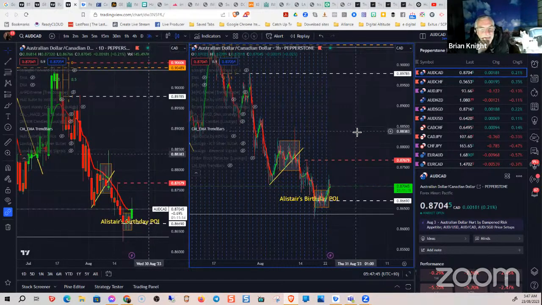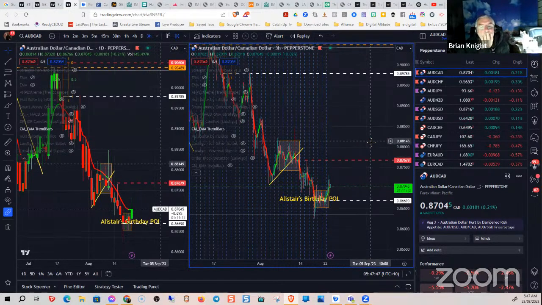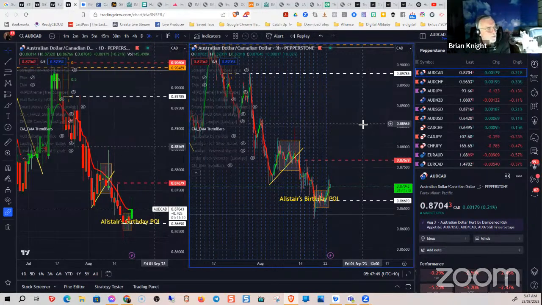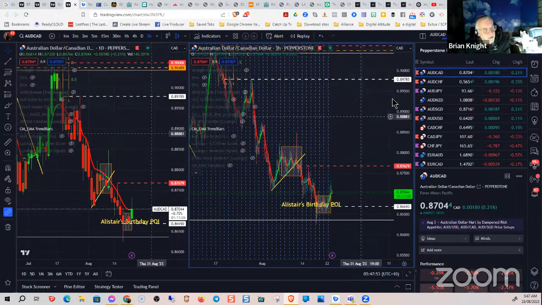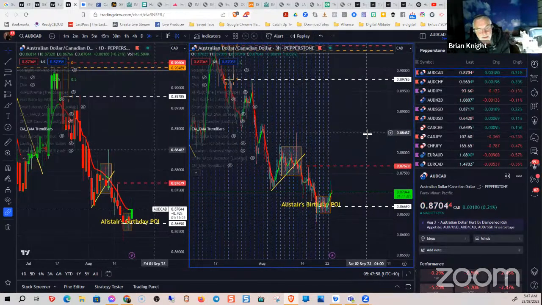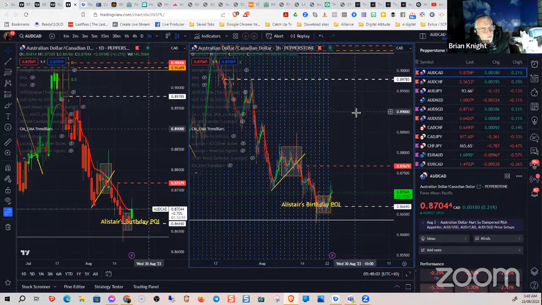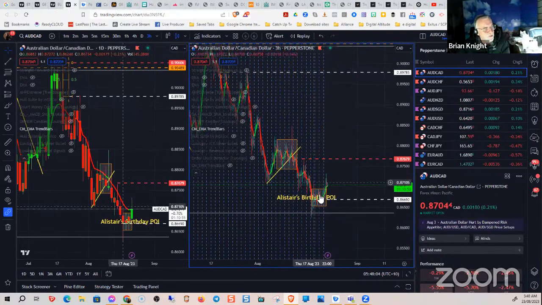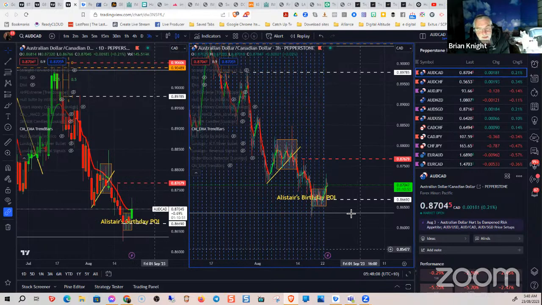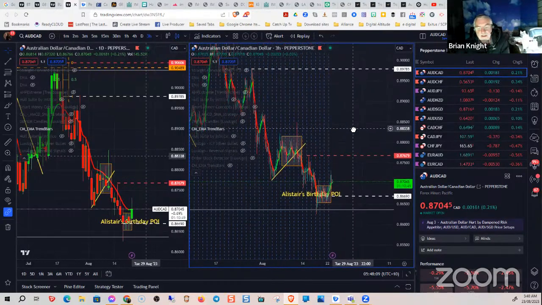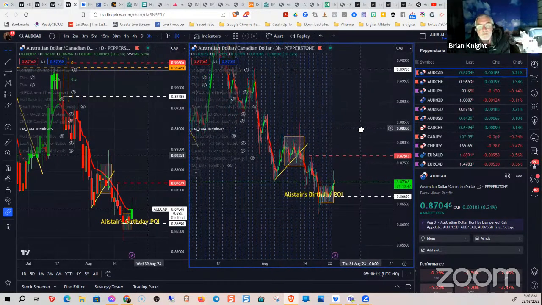If I find the article again, I'll send it across into the group properly. As I said, AUD is weak against most currencies and the NZD as well. So I can't see this doing a major pullback up. I can see it pulling back to profit and then getting back into the sell again. So I'm just going to stay on the bus with it.